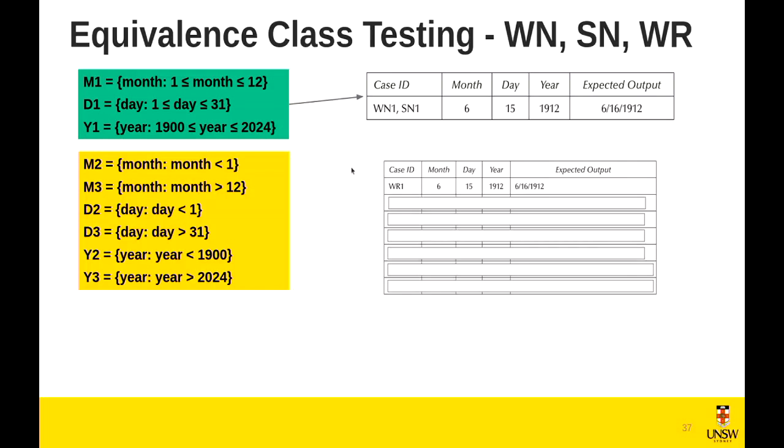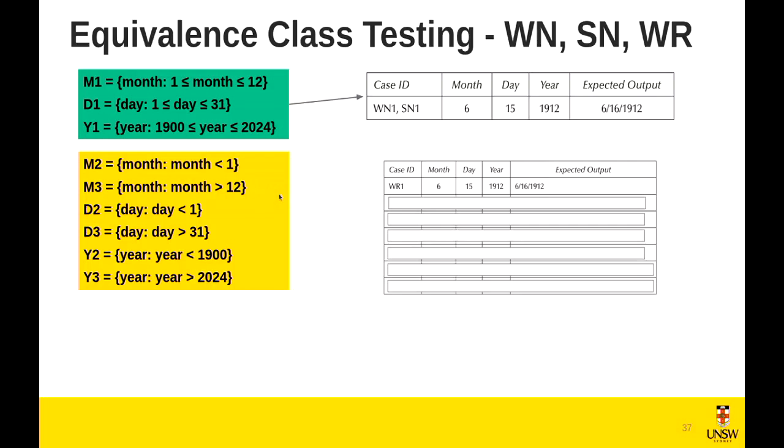So when we try to design the tests for the weak robust equivalent class testing, we can inherit the valid one first, and then we go through all the equivalent classes of the invalid inputs.